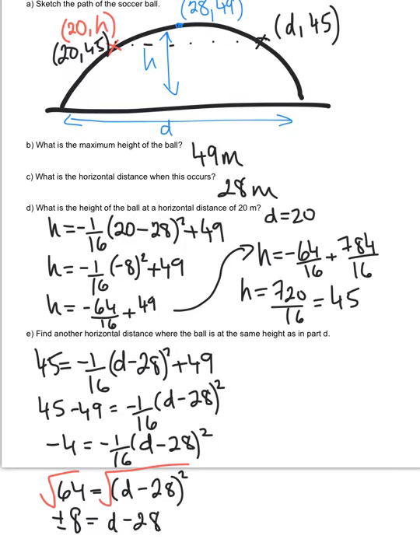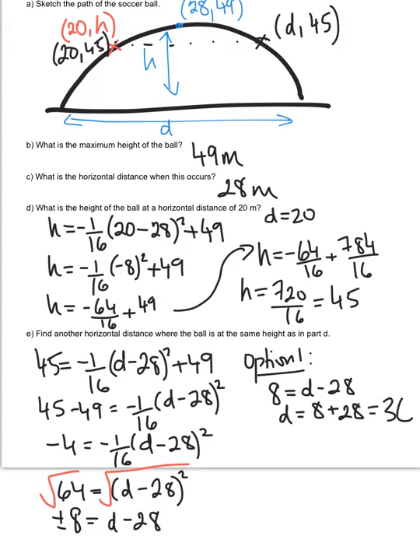Okay, so now we're going to have two options. And so we're going to evaluate it when it's positive 8 and then when it's negative 8. So our first option, let's look at when it's positive 8. So we have 8 is equal to d - 28. And then we're going to bring the 28 over to the other side. So we get d is equal to 8 + 28, and that is equal to 36.